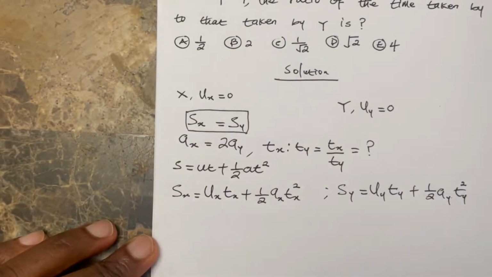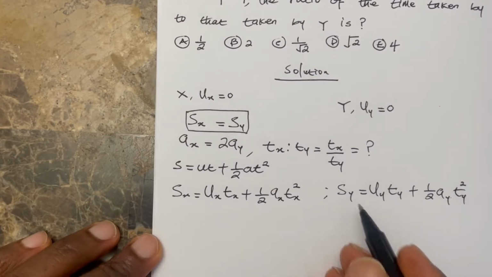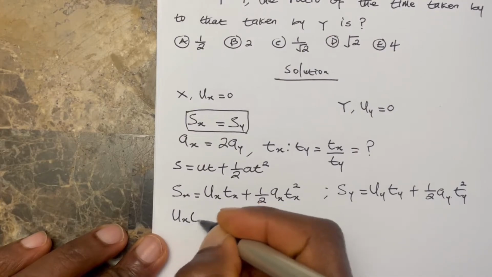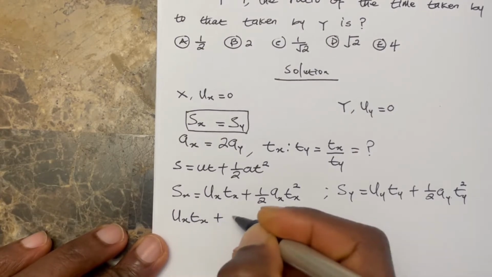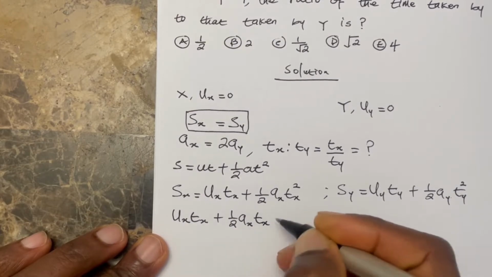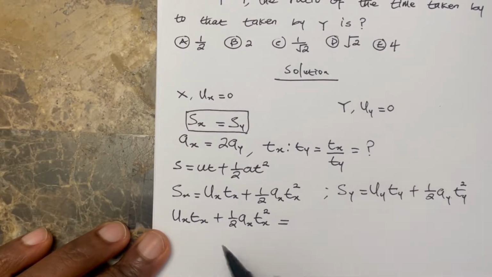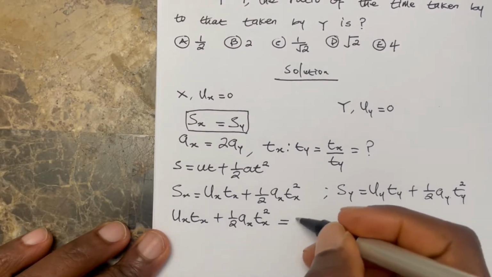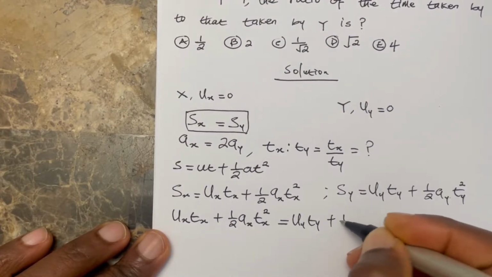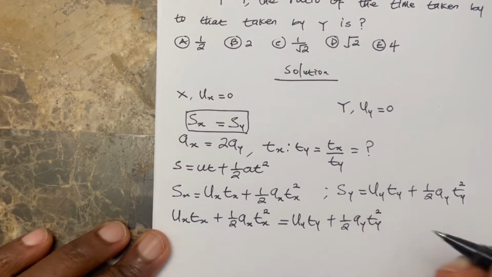Now, from what we have here, we're told that they are both equal, that they cover the same distance. So this is equal to this. So I have u of x, t of x, plus half a of x, t of x squared, and of course that will be equal to uy ty plus half ay ty squared.